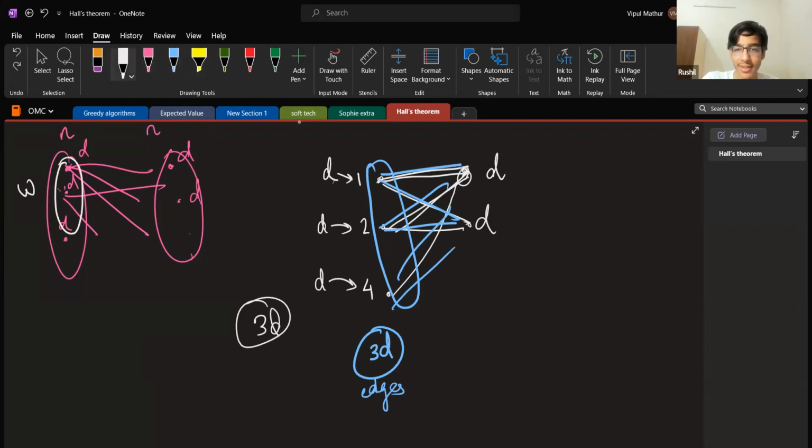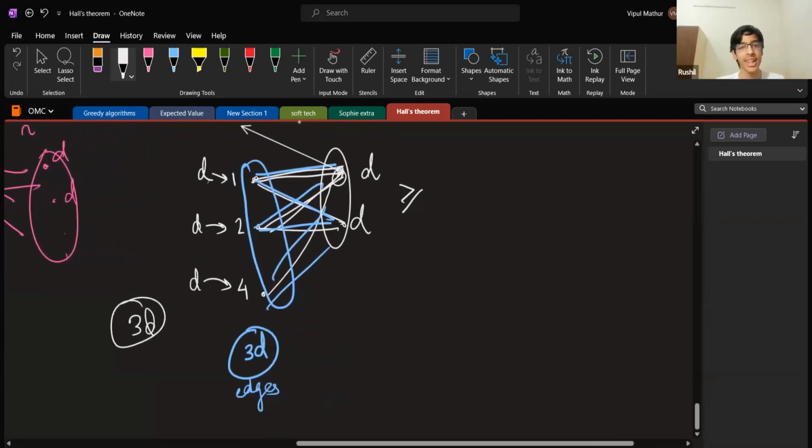Now, there's no one saying that this guy can't be liking this third person also. It's very much possible that you have something like that. But the number of edges that are coming from here are definitely at least the total number of edges that are going here. In some sense.